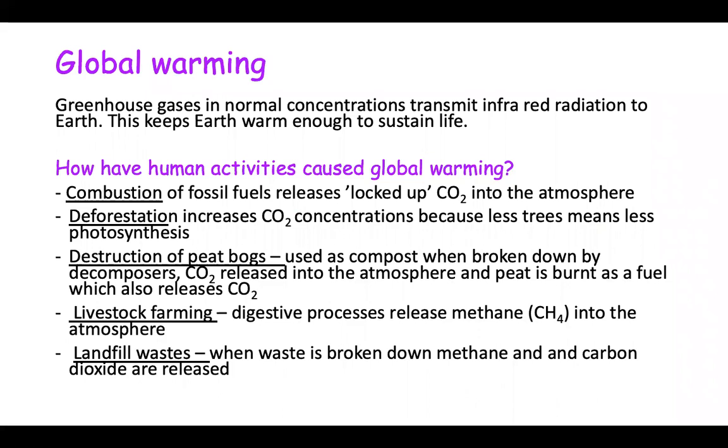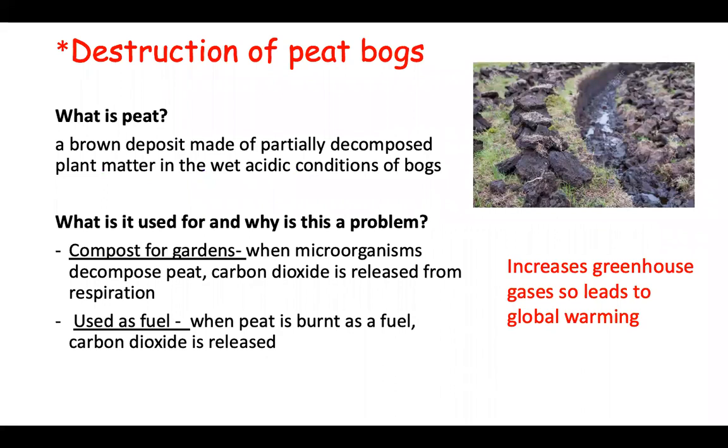And as we know, photosynthesis takes in carbon dioxide. Peat. Now, you wouldn't have learned about peat yet. It's actually in the biology spec, not the chemistry, but may as well go over it now. So peat is a brown deposit made of partially decomposed plant matter, and you find it in the wet, acidic conditions of bogs.